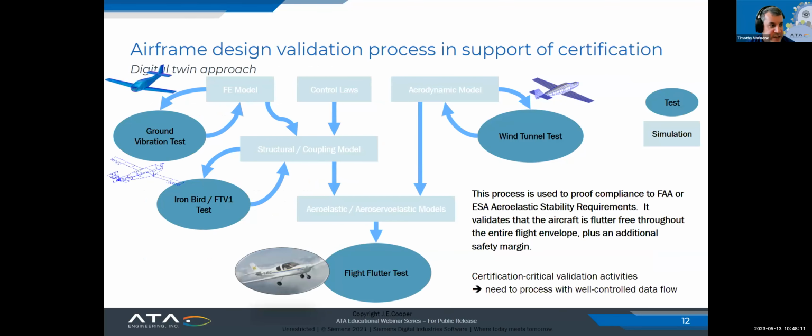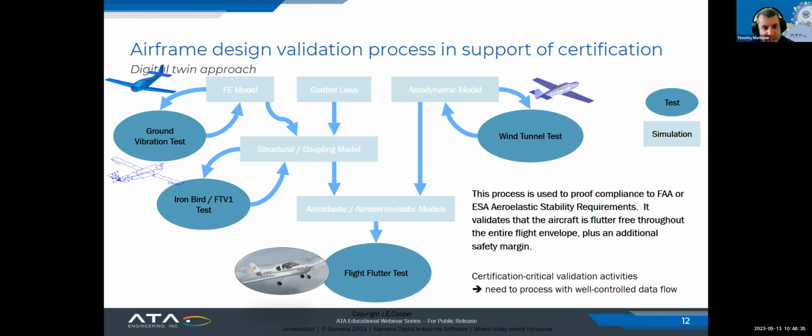This sketch illustrates the different steps in the verification process that's typically followed by really anyone starting from either a clean sheet aircraft design or doing a significant mod to it. You start by creating your FE model, and then you do that ground vibration test that's going to validate that model.